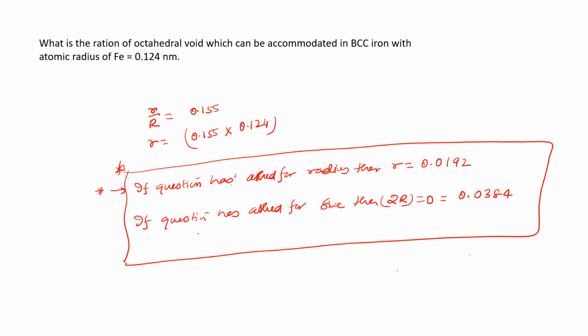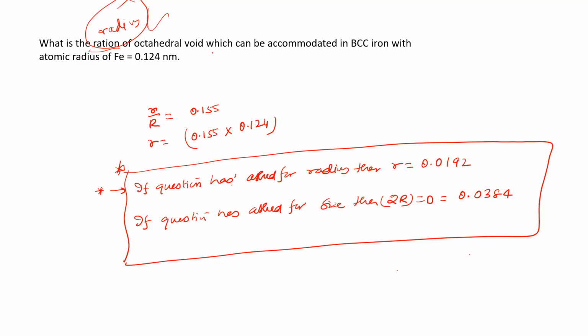Okay, fine. Next, what is the radius of the octahedral void? Here it should be radius, or I don't know, people are also not sure whether it was asked radius or size, but I am considering it as radius.